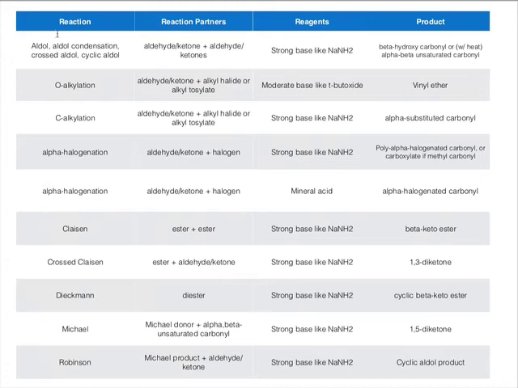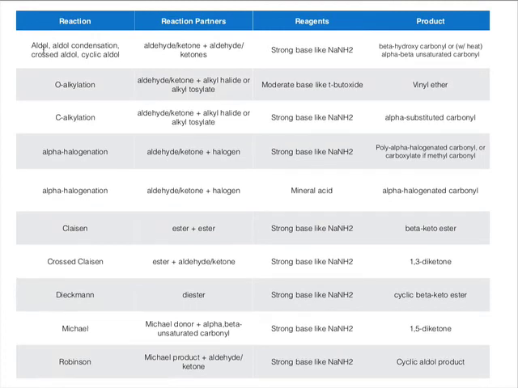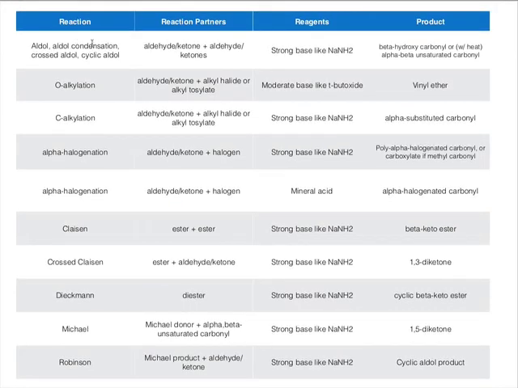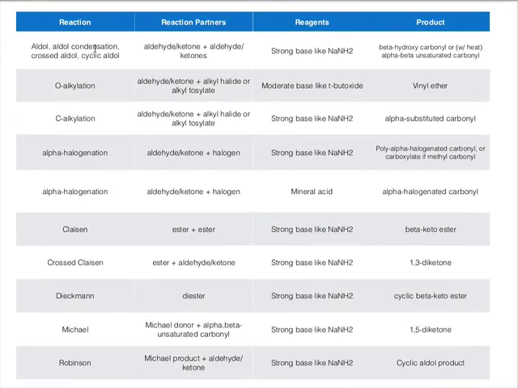We've got the aldol first, and we said that's the aldol condensation, the crossed aldol, and the cyclic aldol. All of those are classified as aldols because they are reacting an aldehyde or a ketone with an aldehyde or a ketone. Remember that if it's a cyclic aldol, those are on the same molecule.